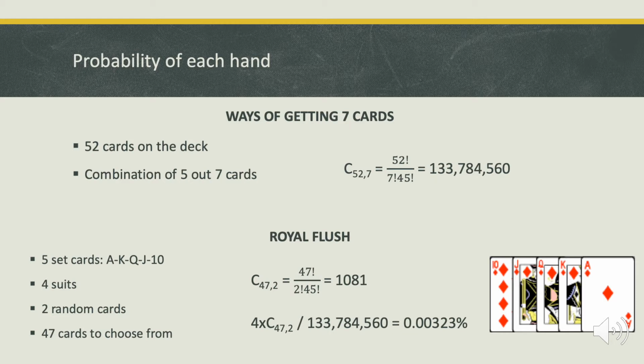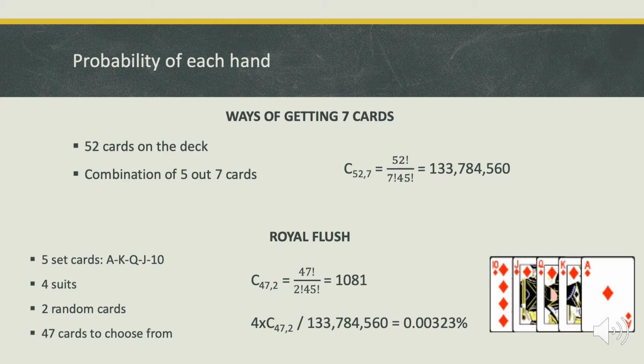The first thing we got to understand is how many combinations there are when considering 7 cards. So as I said before, a game is composed of 5 cards on the table and 2 for each player, which means each one of them has 7 cards that they're playing with different combinations. Out of the 52 cards in the deck, 7 are going to be used.